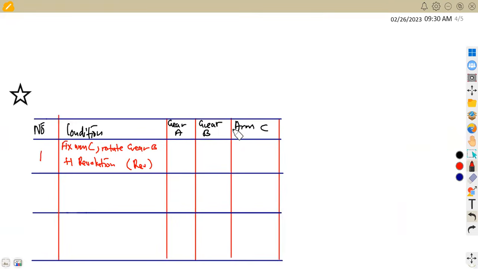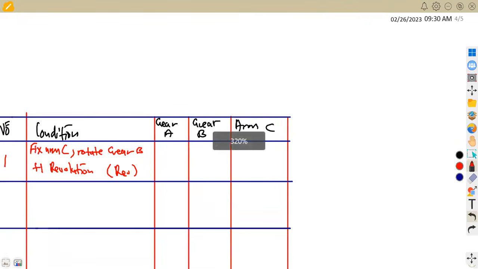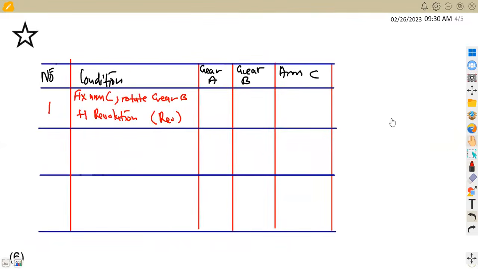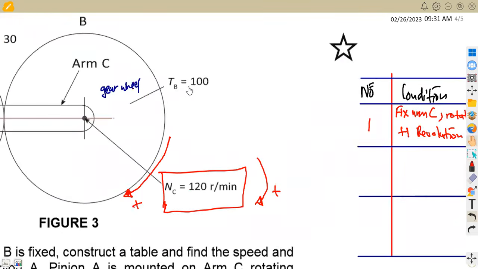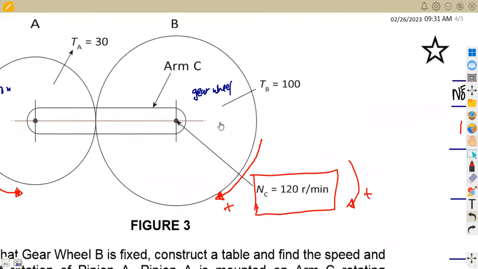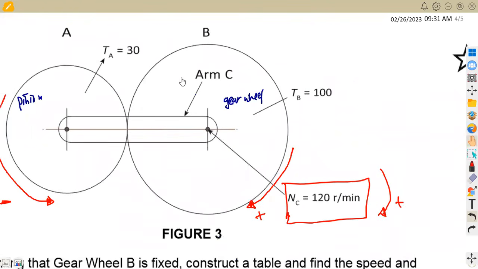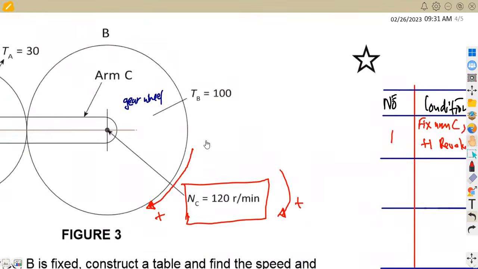Okay. So what we need now is the calculations for A. What is going to happen at A, at B, and at C? If we take the rotation for A, it is going to be TB over TA. The number of teeth are the ones that you use for your rotation.